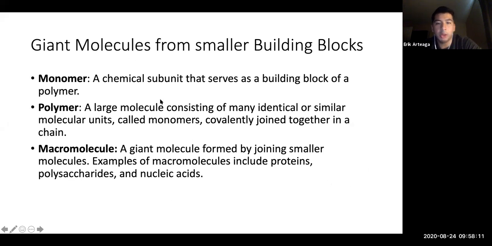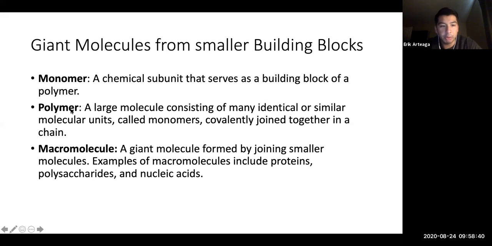All right, so giant molecules from smaller building blocks. A monomer is a chemical subunit that serves as a building block of a polymer, okay? So a monomer is a single subunit, right? For example, glucose is a single sugar subunit that makes up a much larger polymer. If you put a bunch of glucose molecules together, you will have either cellulose, starch, or glycogen.